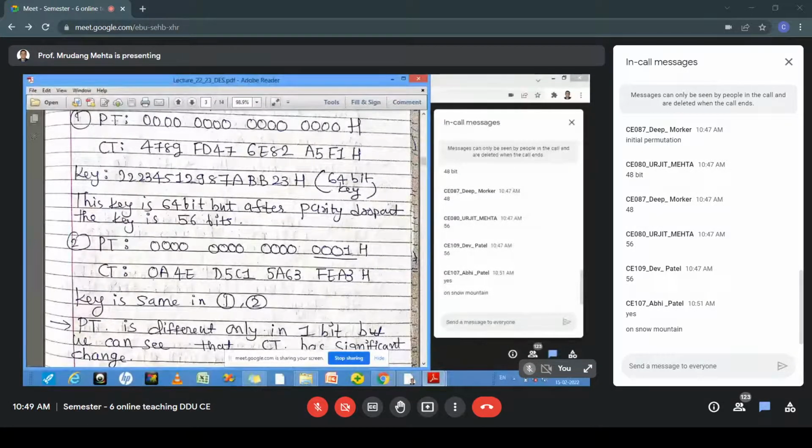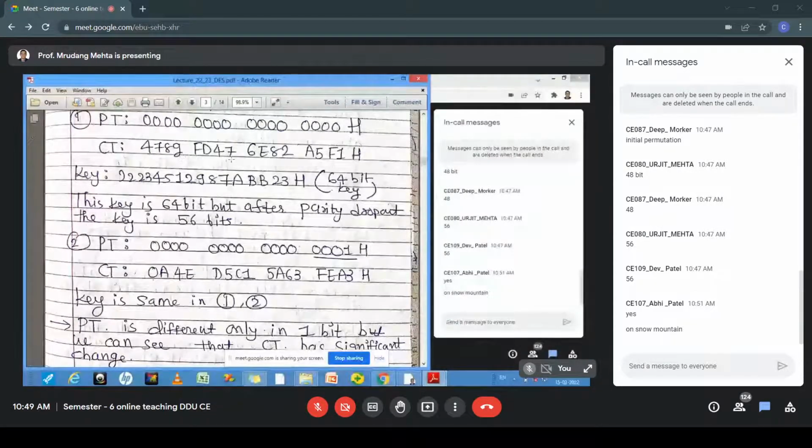And when you convert this plain text with this key, 2223 4512 987A BB23 in hex, this 64-bit key, as per the key generation, after parity dropout becomes a 56-bit key, and this 56-bit key goes as an input to the 56-bit key generator, which generates 16 48-bit keys. And after final permutation, it produces this ciphertext.